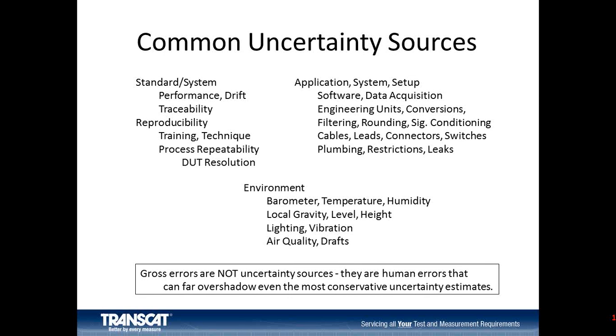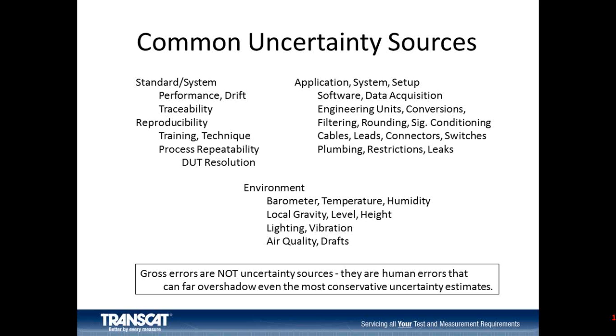All right, so here's a summary list of the common uncertainty sources. Some of these are more like categories. For example, in the upper left-hand side, the standard of the system has performance limitations such as linearity, repeatability, hysteresis. There may be others particular to a certain instrument type.